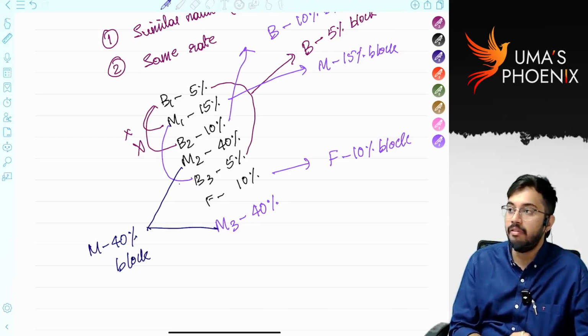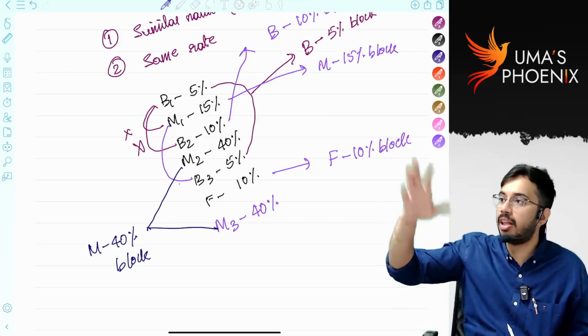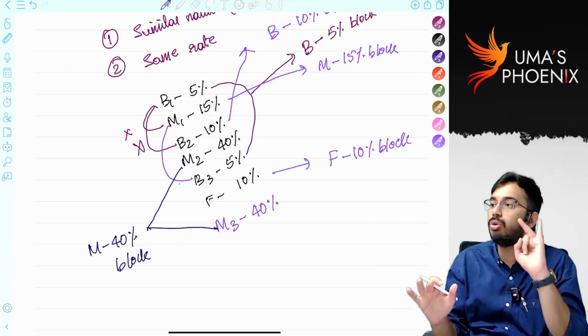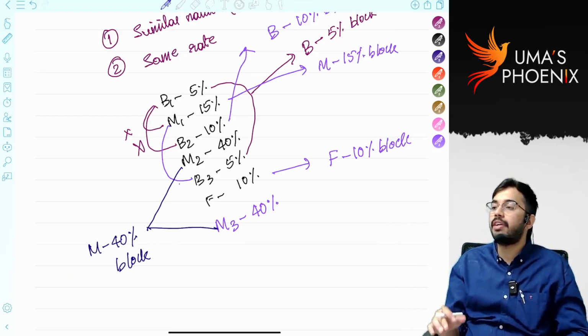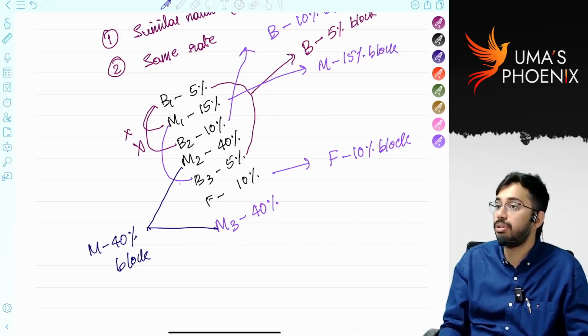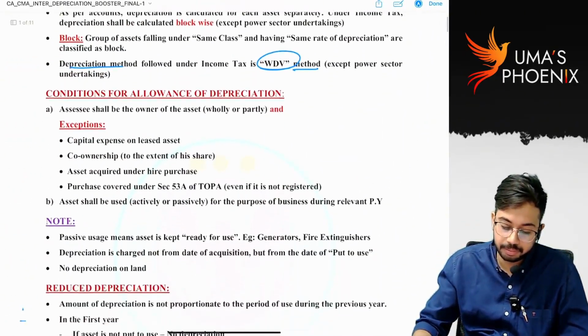Is it clear? With this you got clarity. So to calculate depreciation, first take all the assets. After taking all the assets, classify them based on two conditions: same class, same rate of depreciation. Those assets falling under the same class and having the same rate of depreciation will be classified into one block. Is it clear? Are you able to understand?